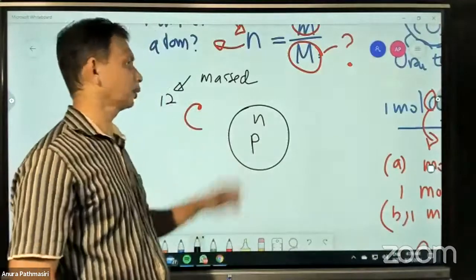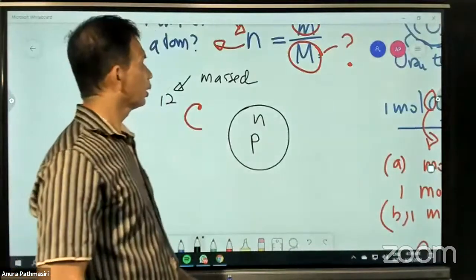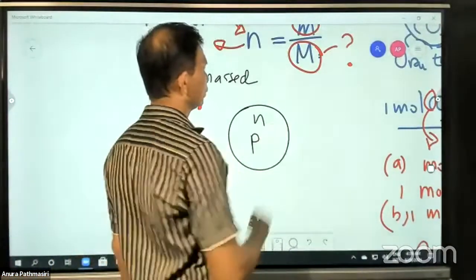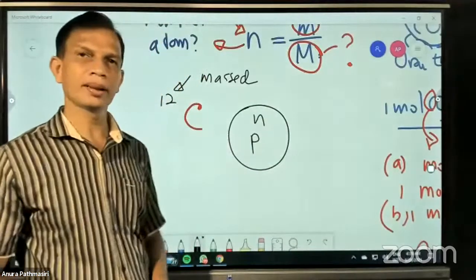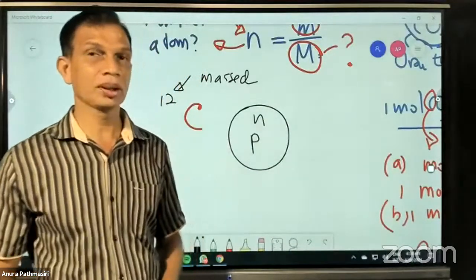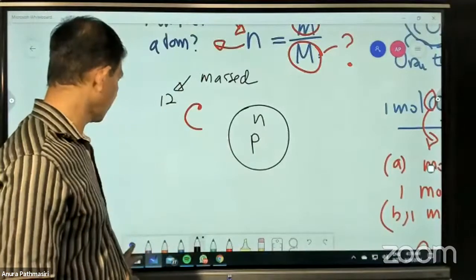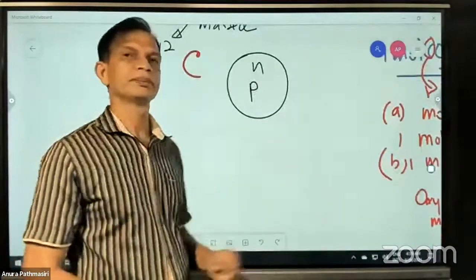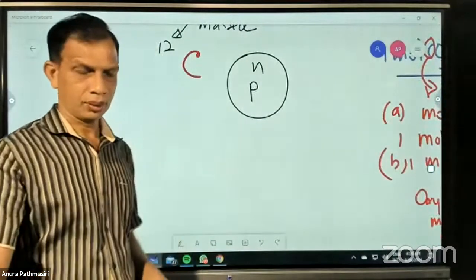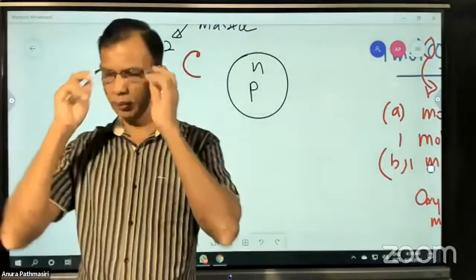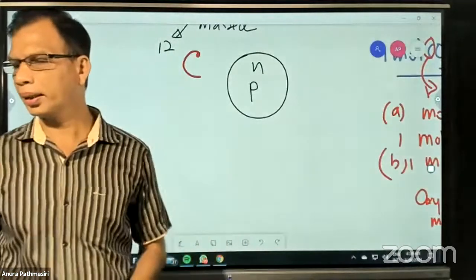There you have 12. He wanted to measure the mass of a carbon atom, so he measured the mass of carbon atoms in gram.